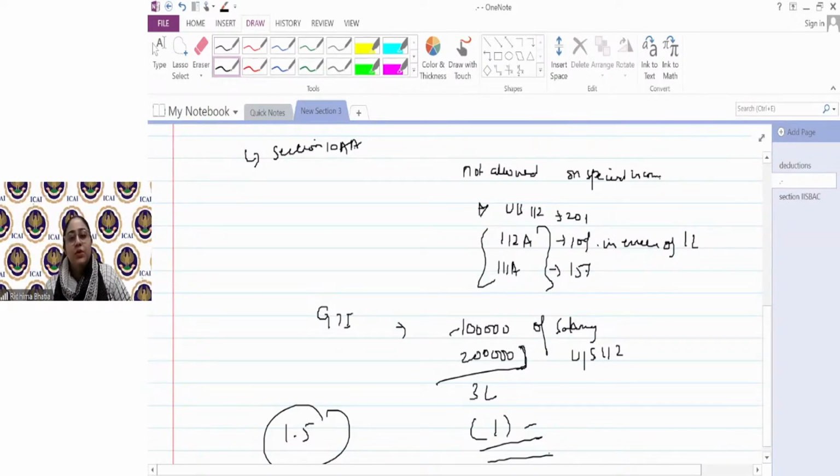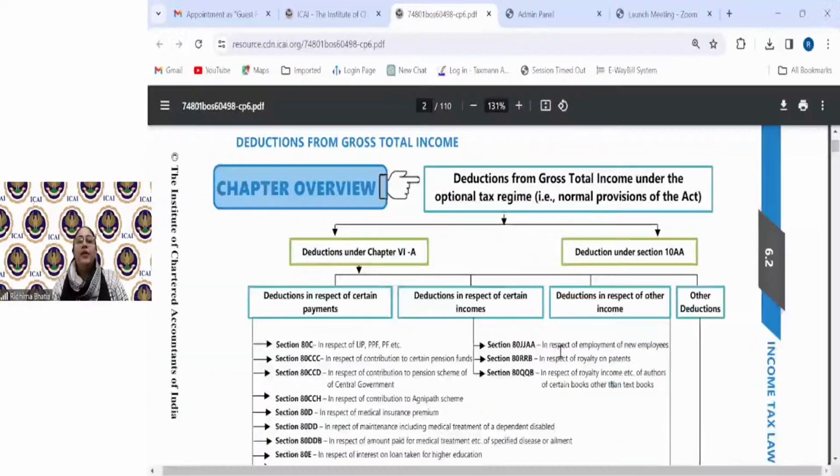Now, as we proceed, you will see that deductions are categorized under different heads. Deductions under Chapter 6A, as I told you, from 80C to 80U, are categorized under two major headings.